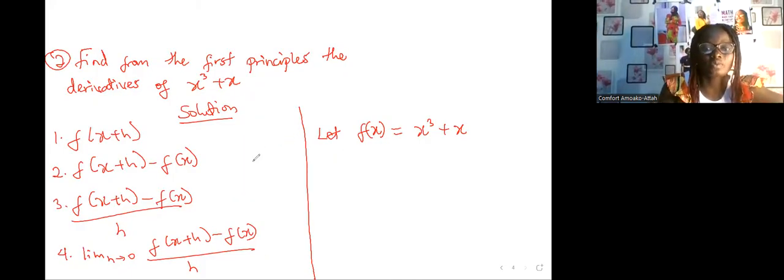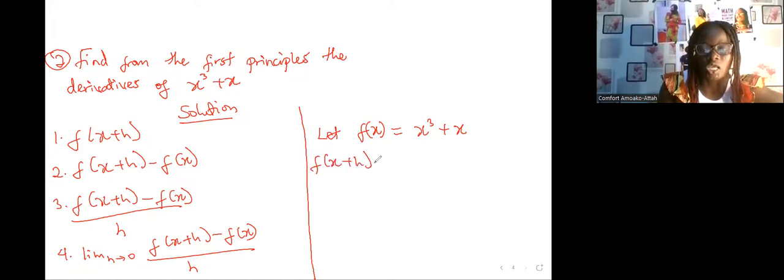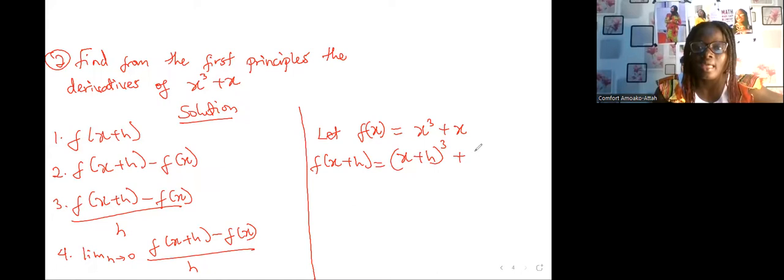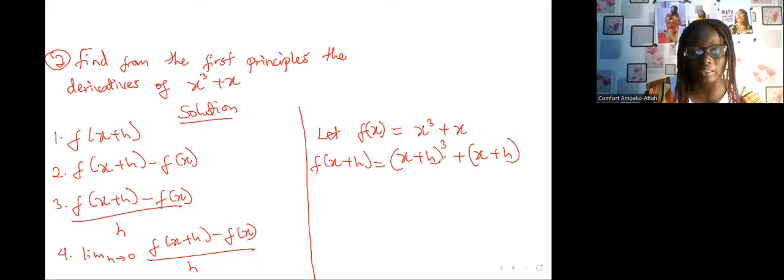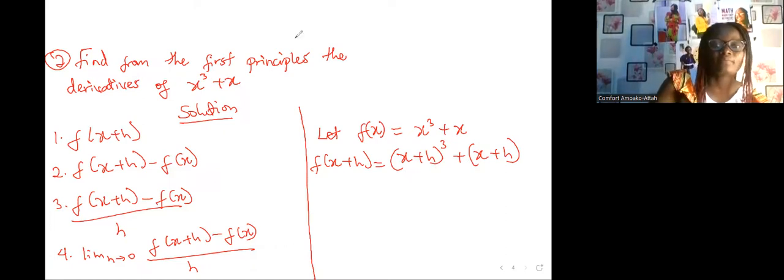Now we come to the first one now. So our f of x plus h is now x plus h all cubed plus x plus h. All right, that is this one. Okay, but you know you can't leave your answer. You can't work with this. You have to expand the bracket. This here, let's take it one after the other.